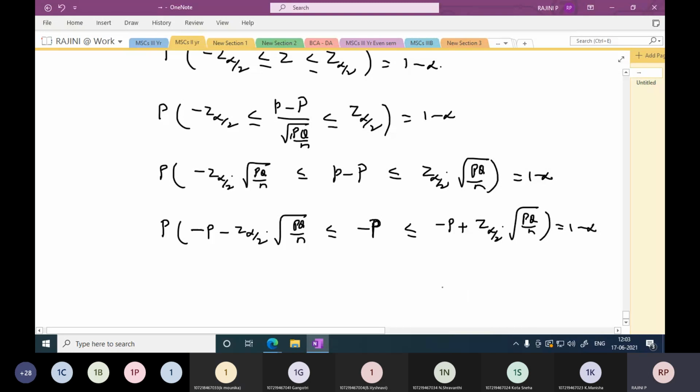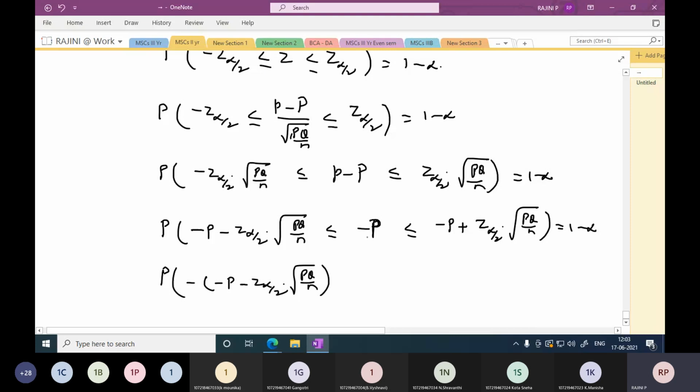Now here I want only the P, but here minus is there. Then what do I have to do? Remove the minus. How can I remove that minus? Multiply with minus 1. So minus of minus p minus Z alpha by 2 into under root PQ by N. And whenever you are multiplying with a minus, the inequalities will change.